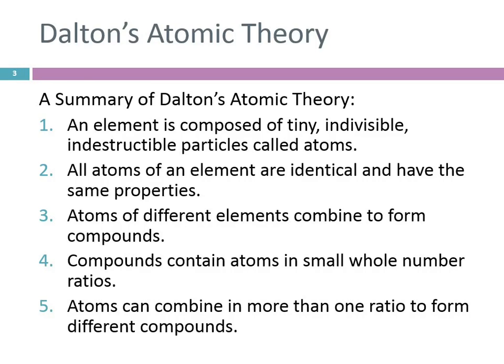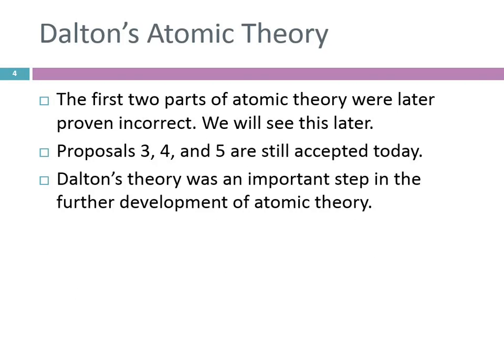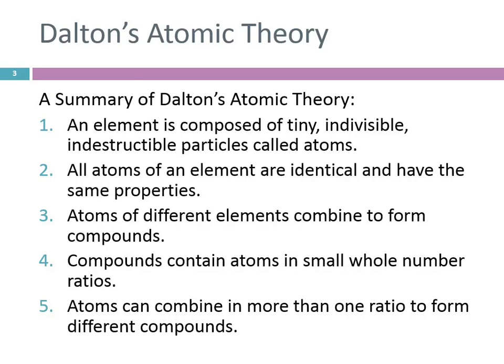So here's a summary of Dalton's atomic theory. An element is composed of tiny, indivisible, indestructible particles called atoms. I forget where these slides are going. Okay, I can mention that later. That was his first proposal. Second one, all atoms of an element are identical and have the same properties.